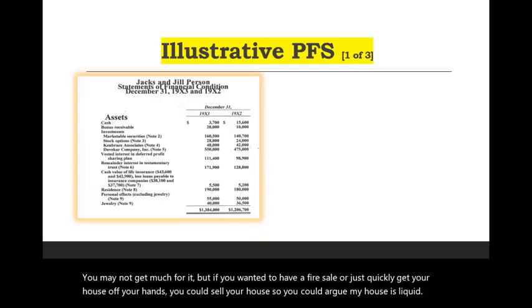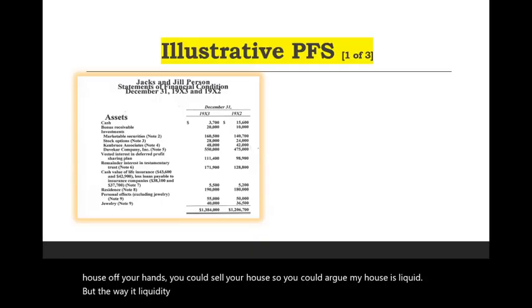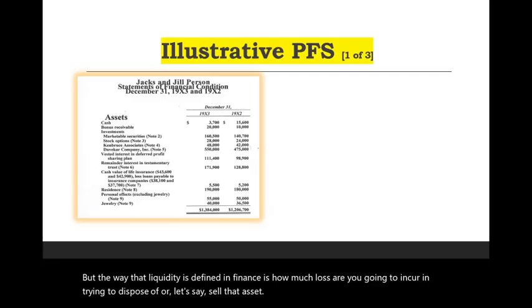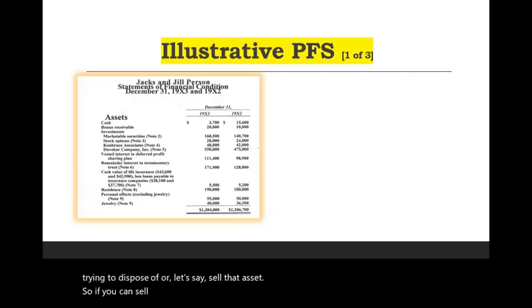But the way liquidity is defined in finance is how much loss you are going to incur in trying to dispose of, or sell, that asset. So if you can sell an asset with minimal loss, that asset is said to be liquid. There would need to be some kind of market for that.